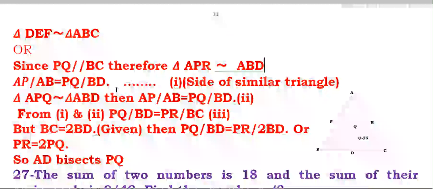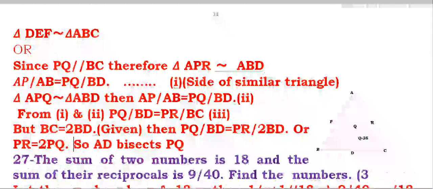Therefore, AP by AD is equal to PQ by BD, and this is also equal to PR by BC by the similarity. So here BC will be 2BD, and PR will be 2PQ. So PQ will be half of PR. It means it is the median, or we can say AD bisects PR.